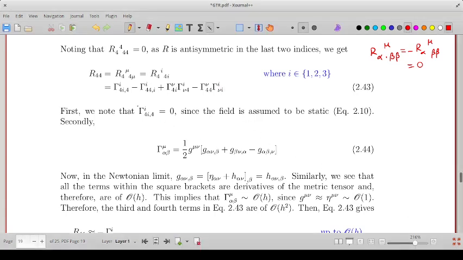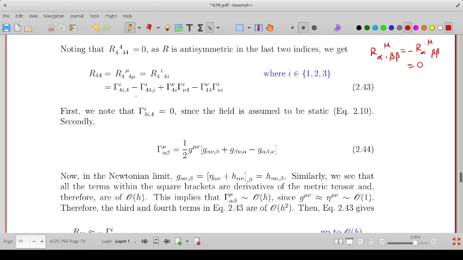Now we make use of the fact that in the Newtonian limit, the field is static. So that means the metric tensor is independent of the time. So the derivative with respect to x4 of the metric tensor is 0.